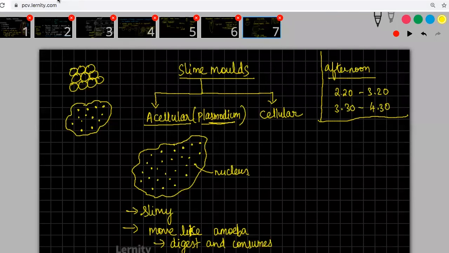Actually, all the organisms are put together and form a jelly-like thing. Have you ever seen slime or jelly? It will be like that. There is no particular cell wall, so it looks like a blob of a creature which is moving together.